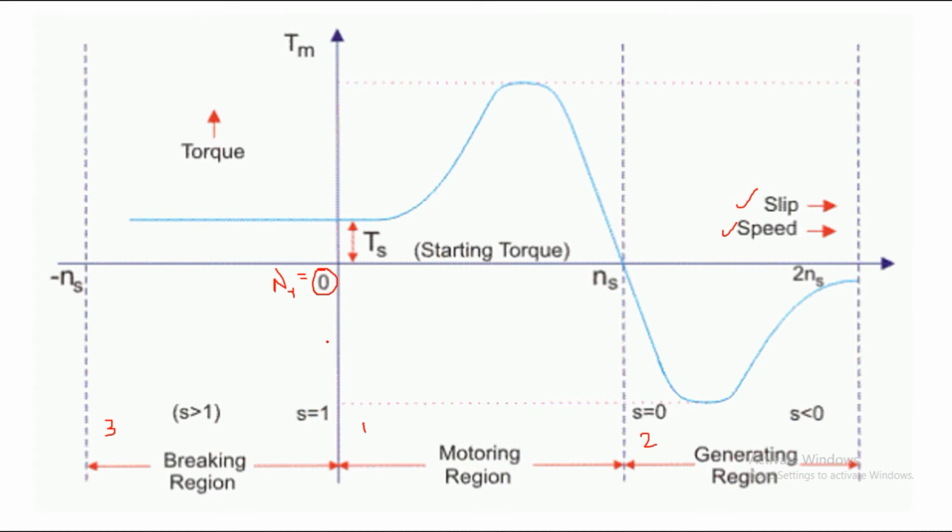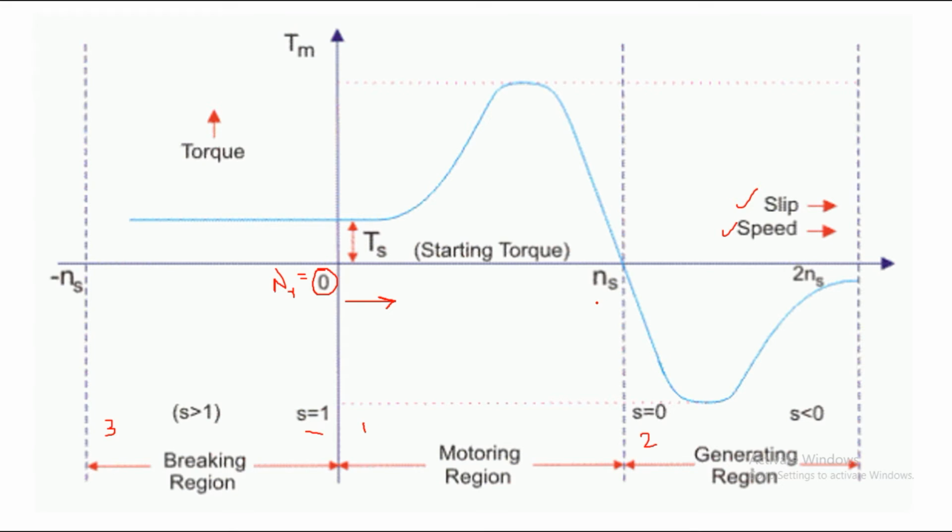The speed of the rotor is 0 only when the machine is at rest, that is, in a standstill condition. When rotor speed is 0, the value of slip is 1. So this is the starting condition. Now we gradually increase the rotor speed until it approaches the synchronous speed, calculating the slip value parallelly.